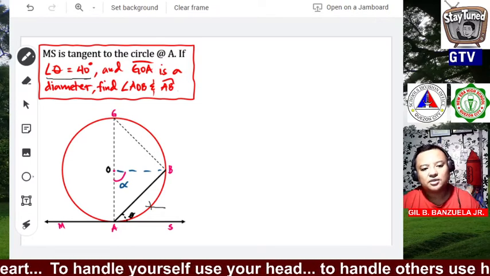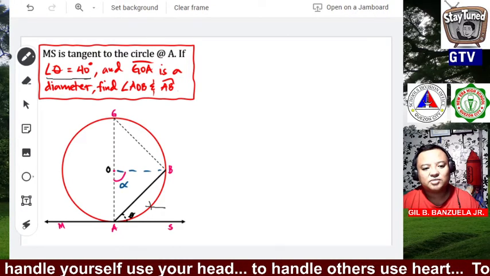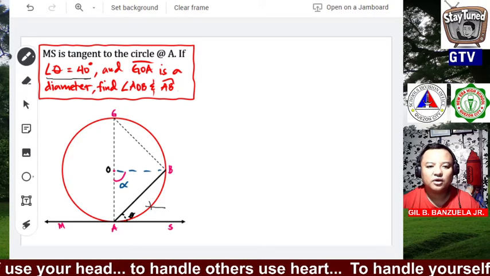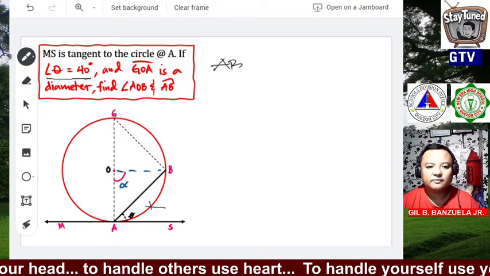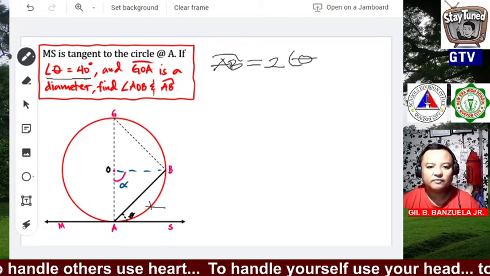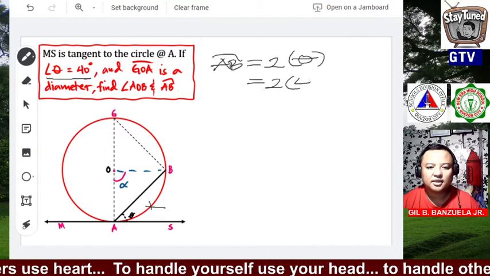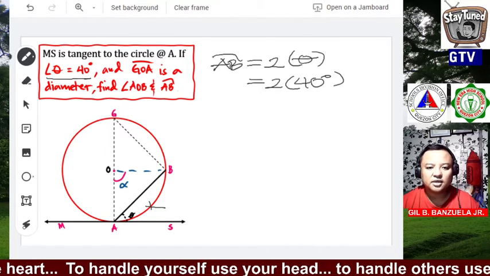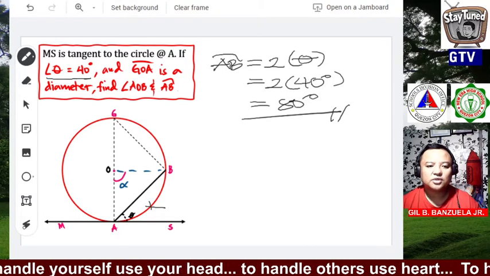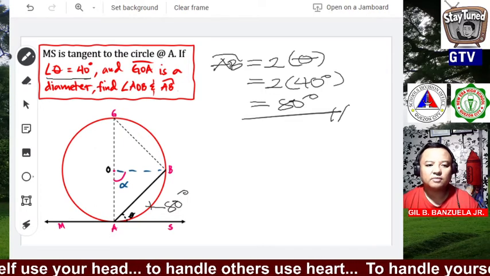If the intercepted arc is the missing one, we multiply the angle by 2. Since angle theta is 40 degrees, arc AB is twice the angle theta, so 2 times 40 is 80 degrees. That is the measure of arc AB or BA.